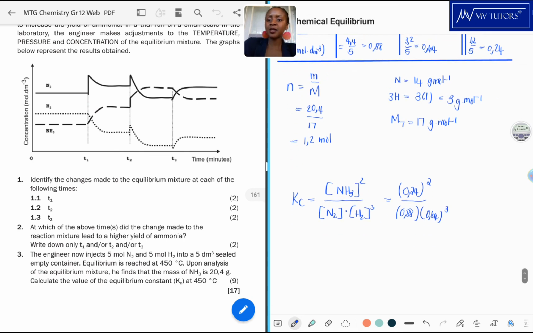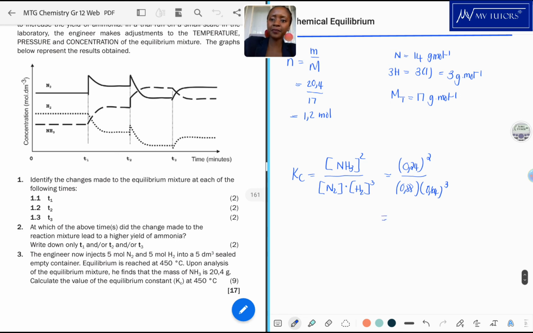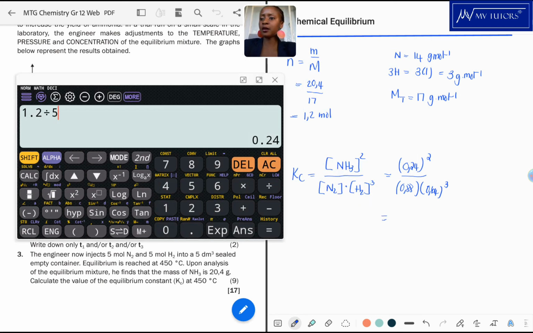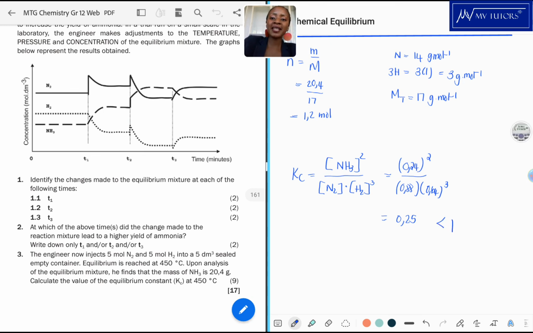So if we calculate that quickly, we get 0 comma 24 squared divided by 0 comma 88 times 0 comma 64 cubed. And our answer, our equilibrium constant, is 0 comma 25. Yes, 0 comma 25, which is less than 1.